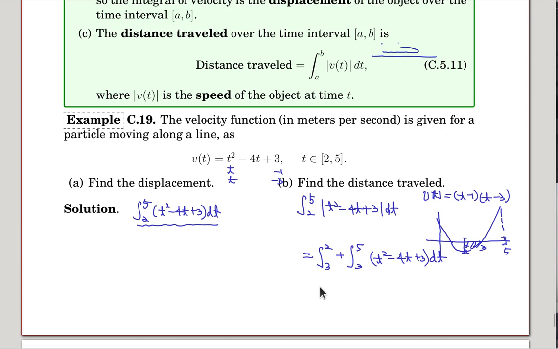Okay, its antiderivative is 1/3 of t cubed minus 2t squared plus 3t, and then the evaluation is at 2 and 5, and at 3 and 3. That means you evaluate this at 2 and at 5 and add them. Now you evaluate this at 3, and twice of the value must be subtracted, right? So you can finish the computation yourself.